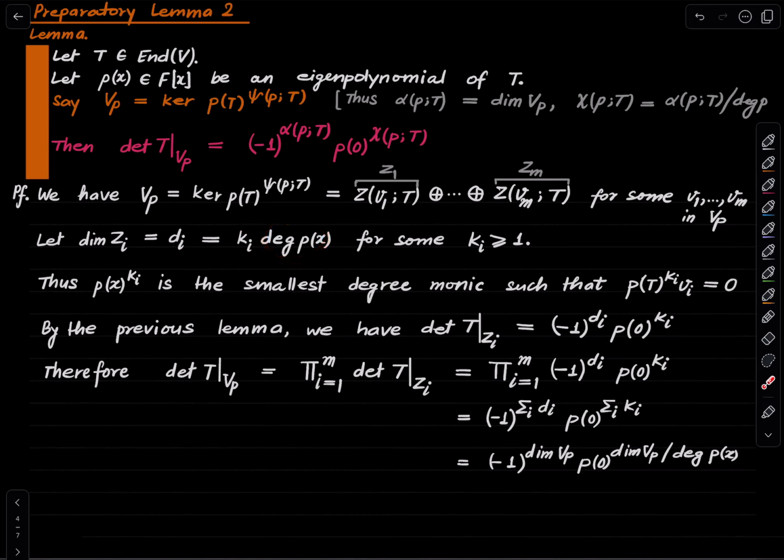So basic algebra. So this is equal to that ratio. But this ratio is nothing but the characteristic exponent. Since the dimension of Vp is nothing but the algebraic multiplicity of the eigenpolynomial P, we are done. This is equal to -1 to the power dimension of Vp times P0 to the power characteristic exponent. Very interesting.